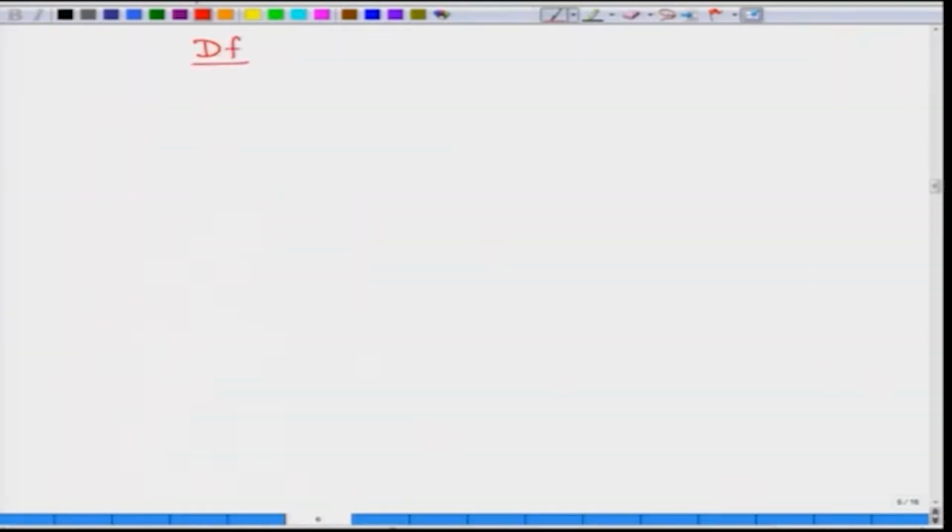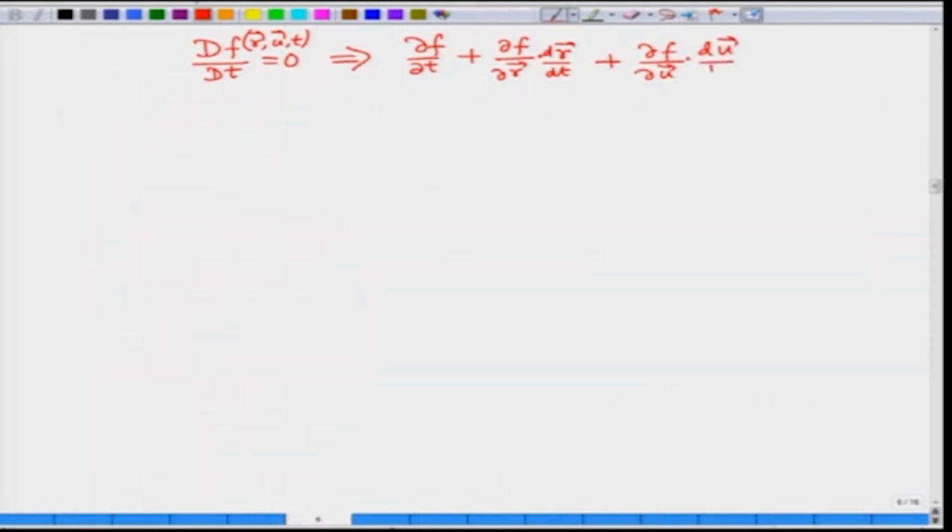If you have df dt is equal to 0, you can see that del f del t will be, so f is a function of r, u and t, del f del t plus del f del r vector, this is nothing but a style of writing gradient of f, dot dr dt, plus del f del u dot du dt, that is 0, that we have obtained.